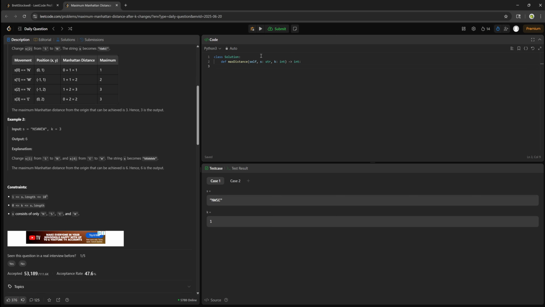And obviously, north and south oppose each other, and then east and west oppose each other, right? So we need to minimize opposing direction.